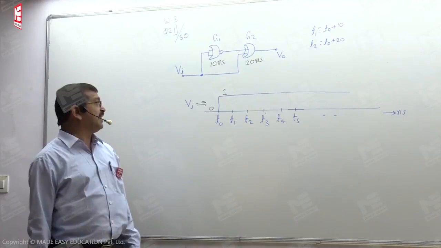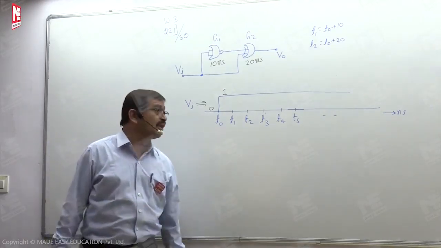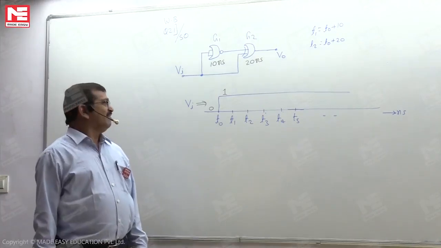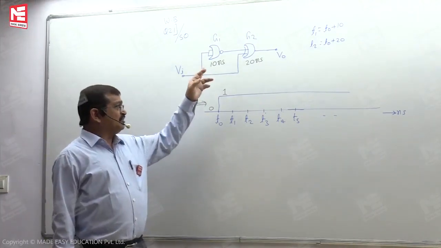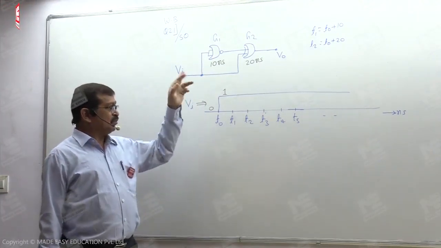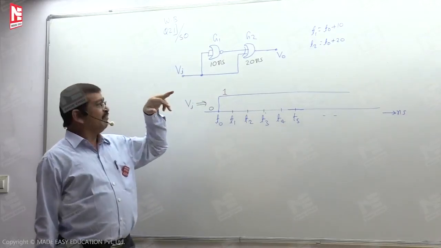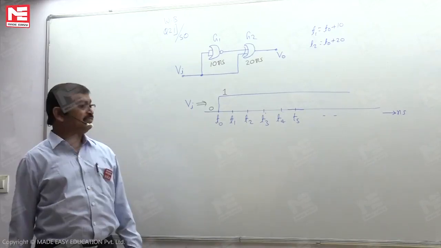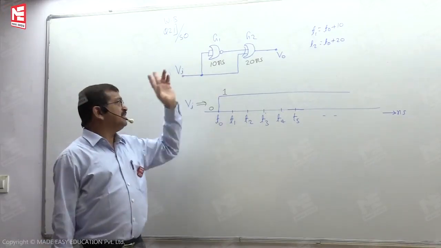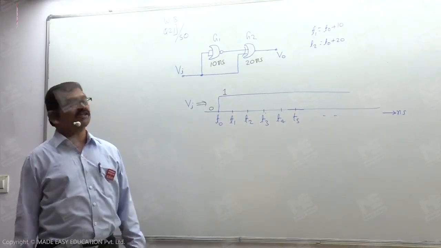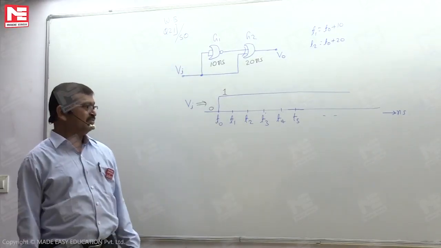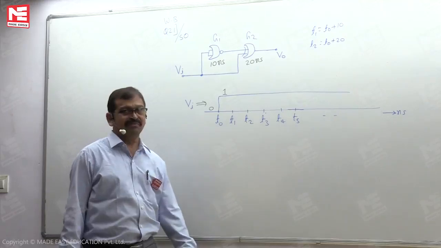Hence, to solve this question, we first need to find the gate G1 output. The gate G1 is a NOR gate, but based on the connections here, its operation is a NOT operation, an inverting operation.